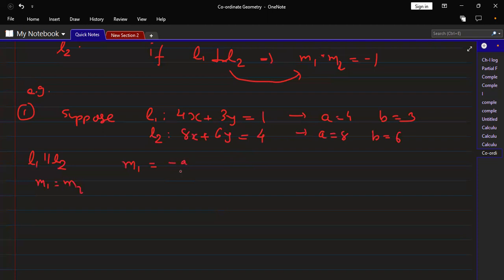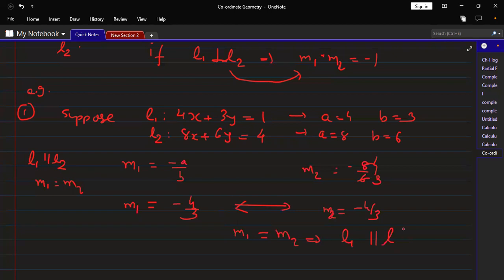So minus A upon B, so your minus 4 upon 3, which is our M1. Now for M2, minus 8 upon 6. So 3 to the 6, 4 to the 8. So your answer is minus 4 upon 3. So both are equal. So M1 equals M2. Therefore, L1 is parallel to L2 this way.